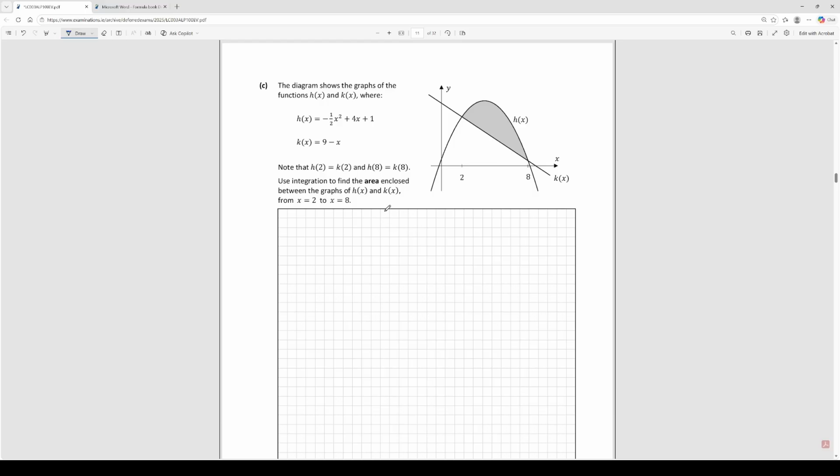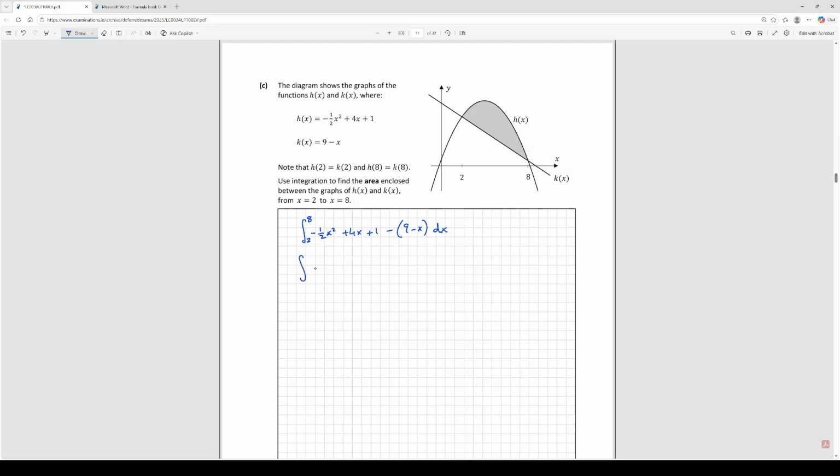Cool, graphs. Now that h(2) is equal to k(2) and h(8) is equal to k(8). Alright. Use integration to find the area enclosed. Again, nothing really too interpretive that needed doing. Because h(x) is the top one, we would do minus a half x squared plus 4x plus 1 minus the 9 minus x, dx, with limits 8 and 2.